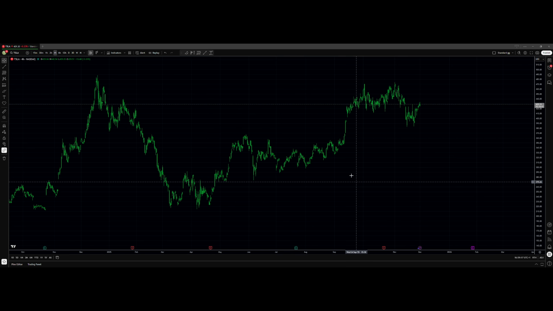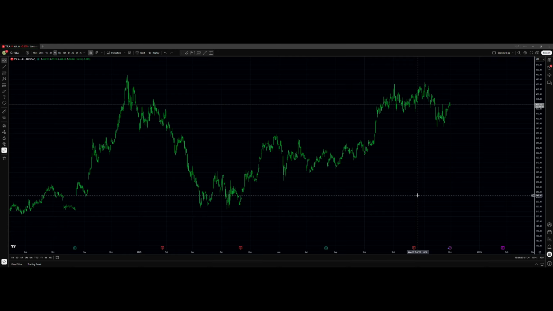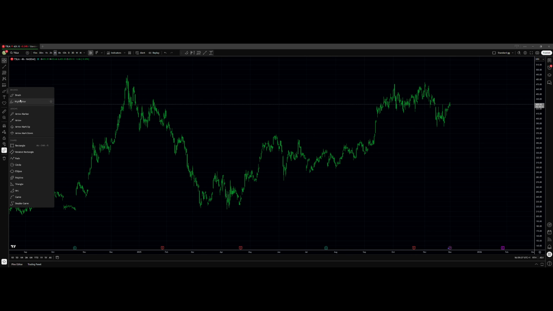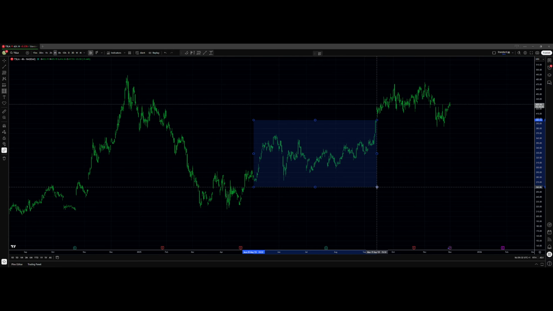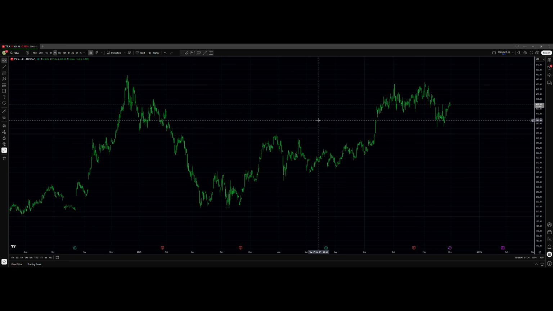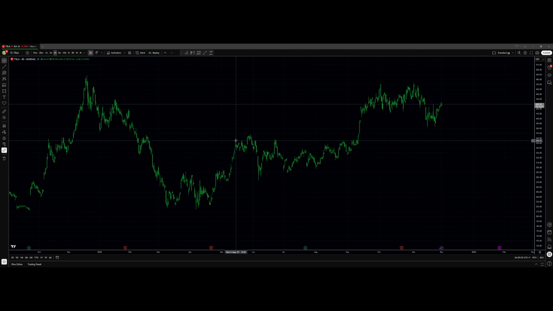If we look at this price action, to show you a practical example, we see Tesla on the 4-hour time frame. We're just going to pick out a part of the price action. You can clearly see that we have a sideways move here on the 4-hour on Tesla. If we decide to trade this part of the price action with horizontal support and resistance lines, we're going to find the ones that are significant.